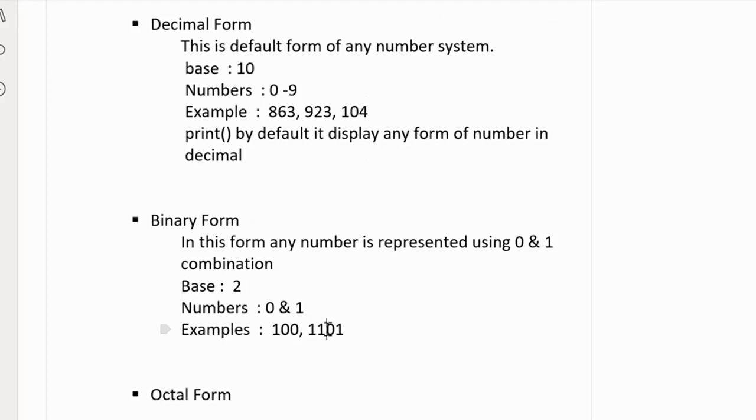Now, in order to identify this as a binary number, we have to give a prefix.